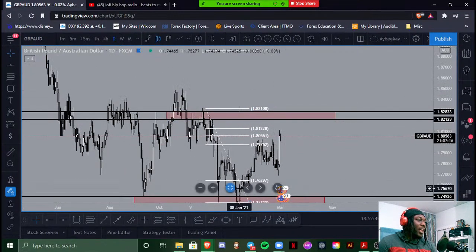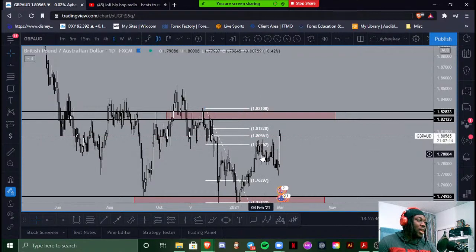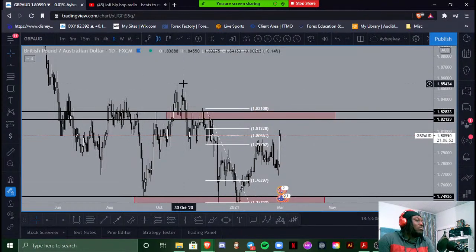From this high, price made a low, higher high, higher low, higher equal, and then higher, and then it made a lower low right here. So I was like, yeah, it's broken the structure.